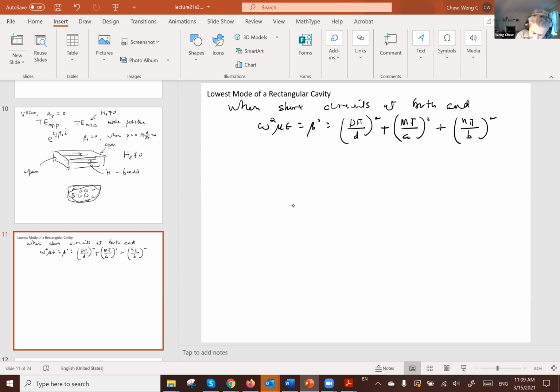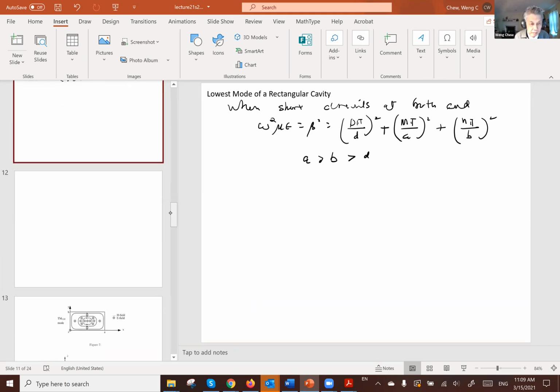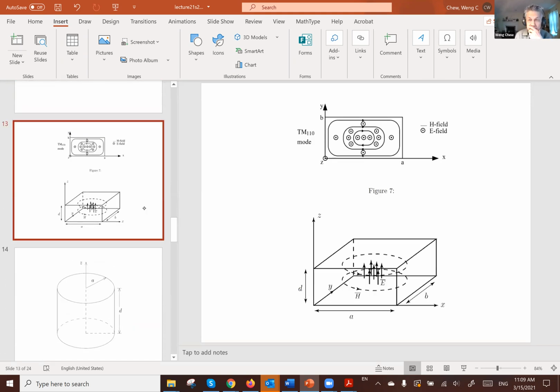And then if I assume that A is larger than B is larger than D, and D being the smallest one, which means that if I look at this cavity, it will look something like this. If I were to draw a picture of it, it will look something like this. A is this dimension, B is this dimension, Z is coming out of the paper.